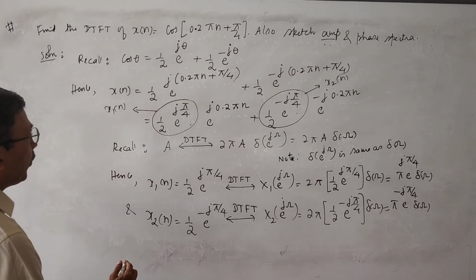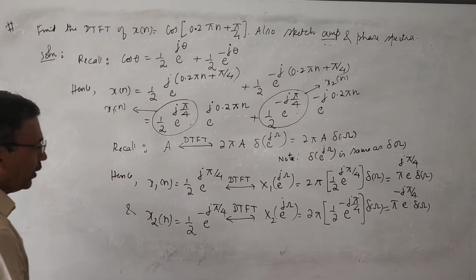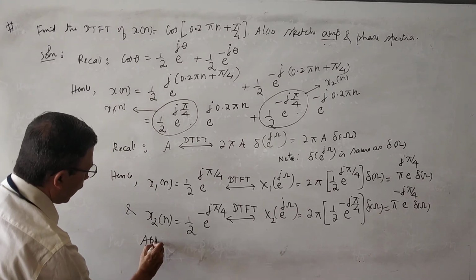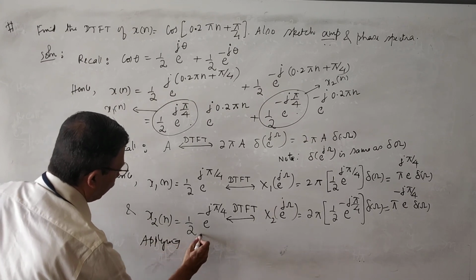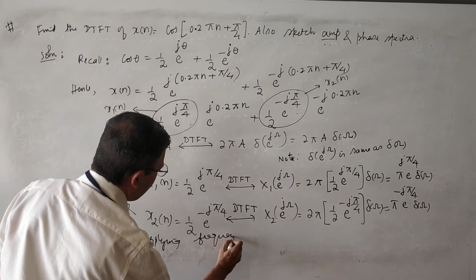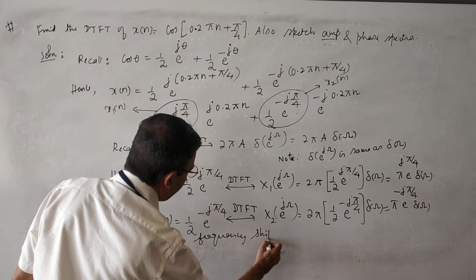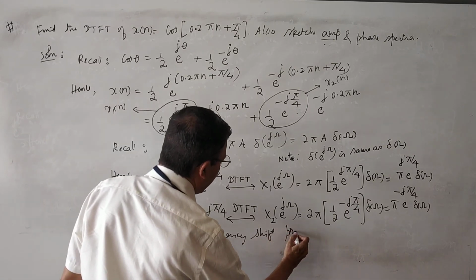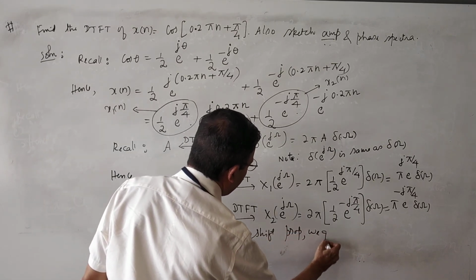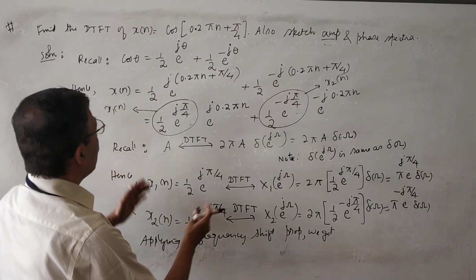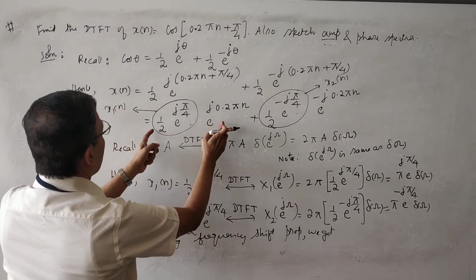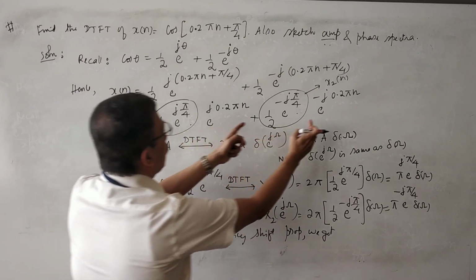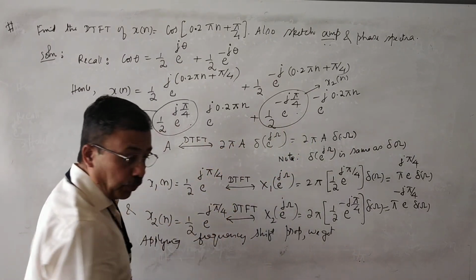Next I will apply the frequency shift property. This whole thing I will call x3 of n, and this whole thing I will call x4 of n.